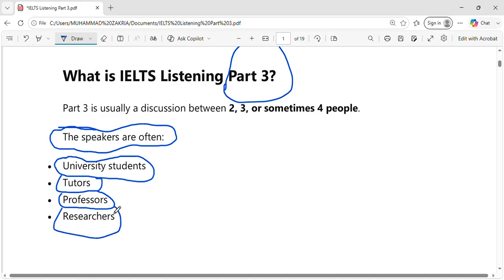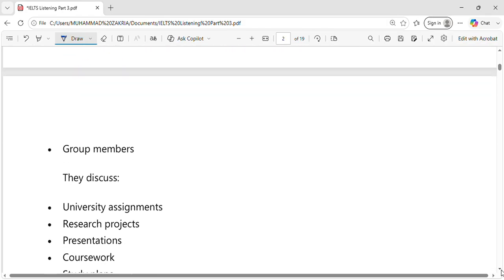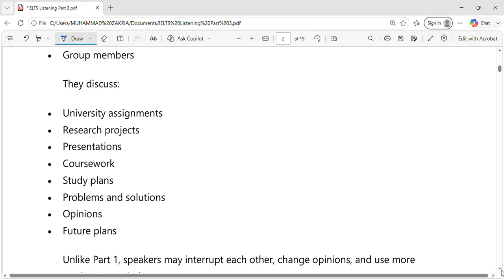It depends on the examiner. Group members. When they speak here, for what purpose do the speakers speak?